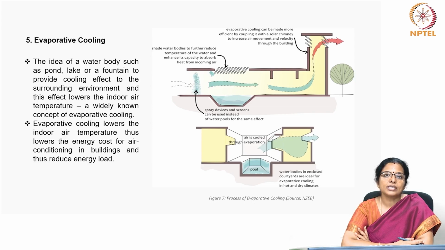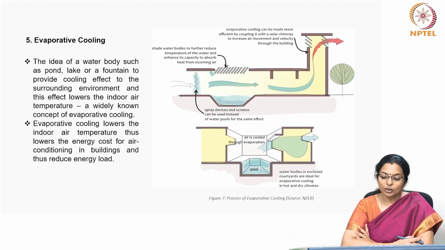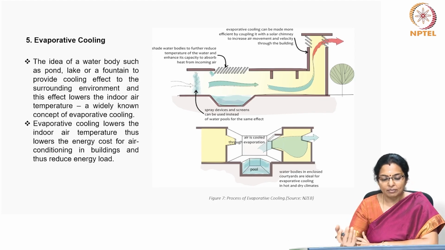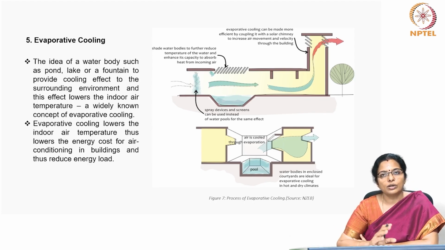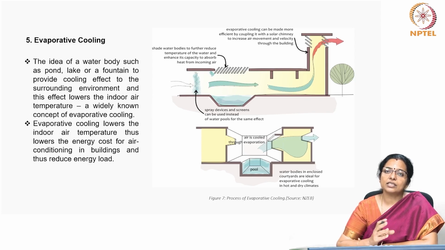Thus, it lowers the energy cost for air conditioning in buildings and thus reduced energy load. The way a water body can be used for evaporative cooling will also depend on the climate type. In the forthcoming classes, we will see which strategy is suitable for which climate type. We will be seeing that also.